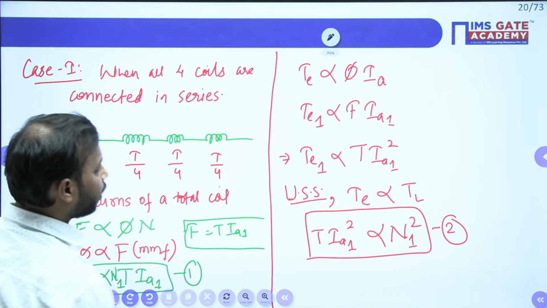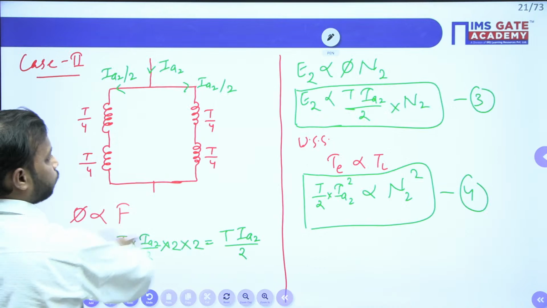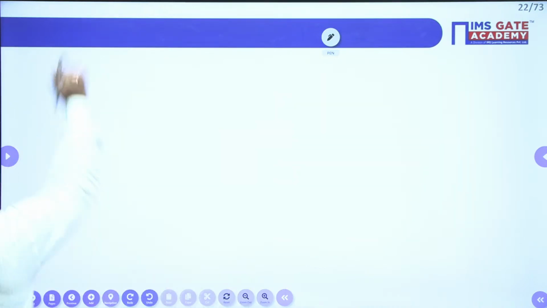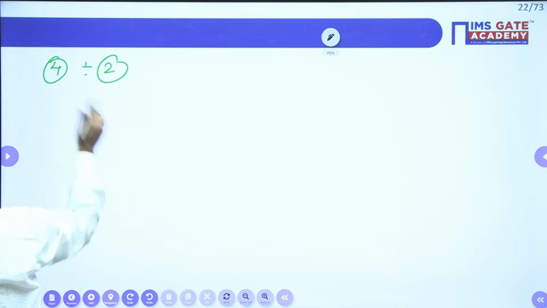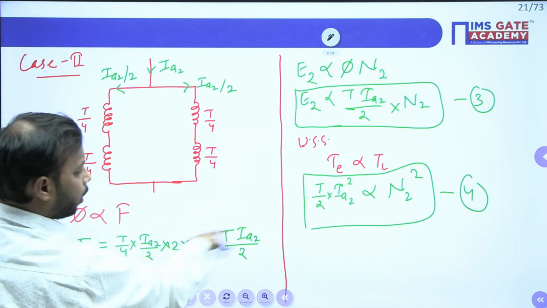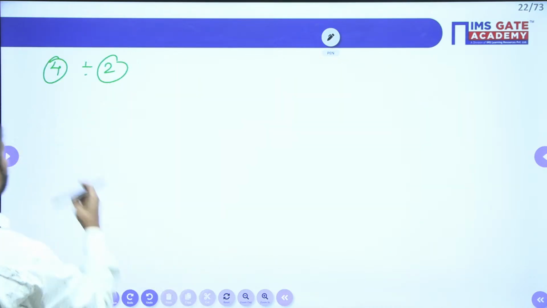So how to calculate? Let me write equation 4 divided by equation 2.